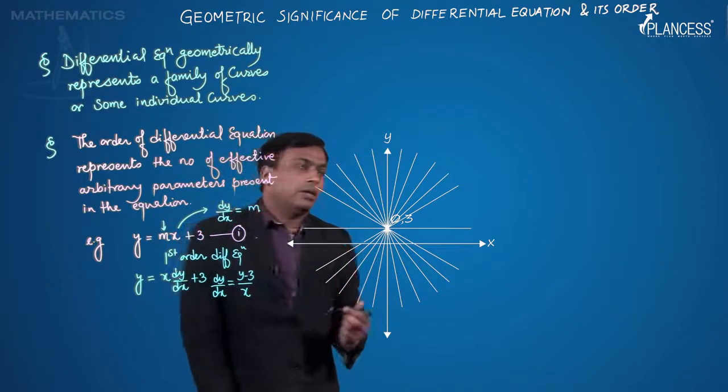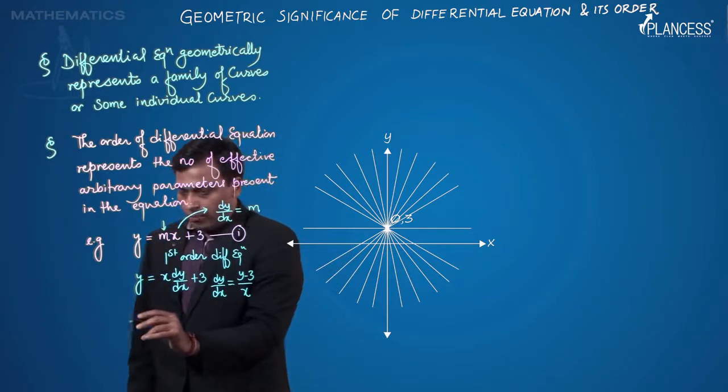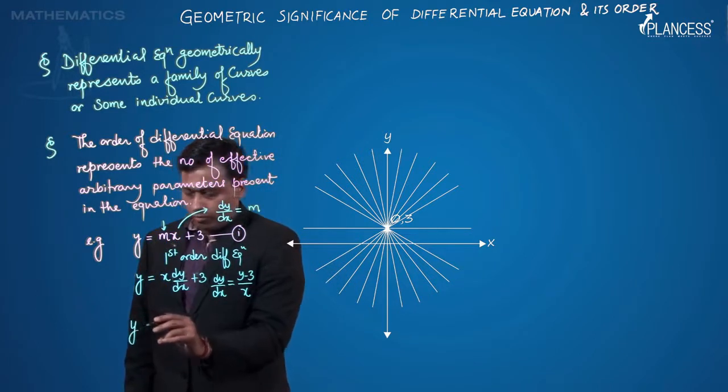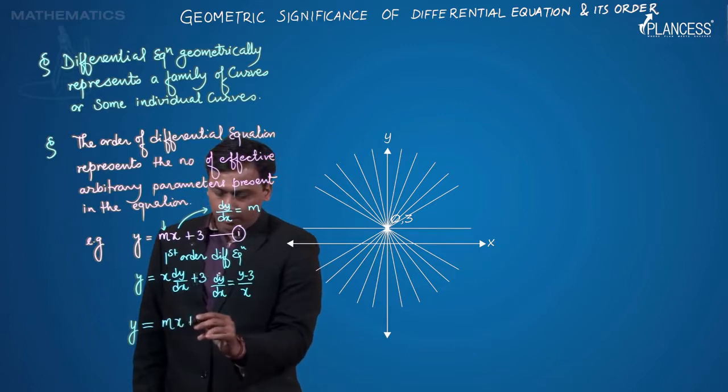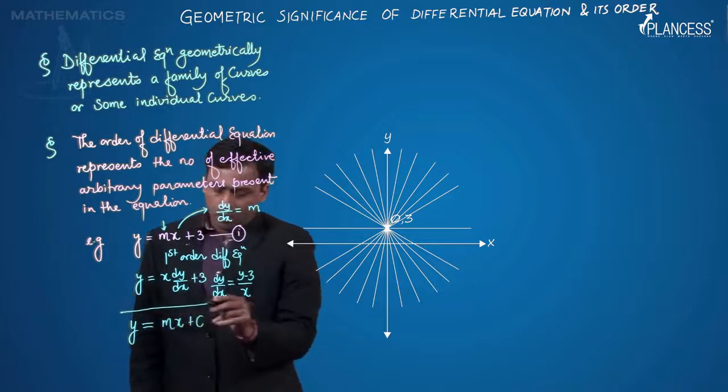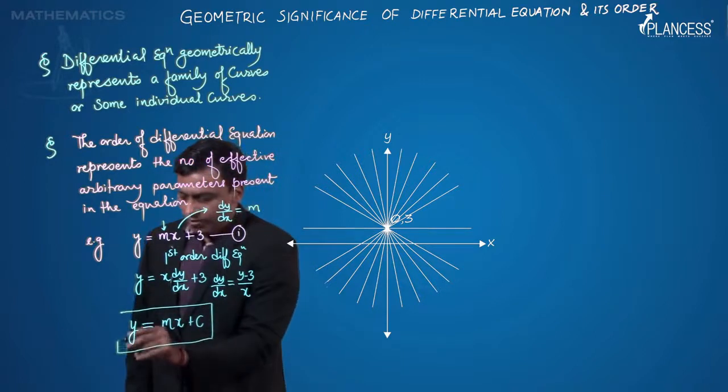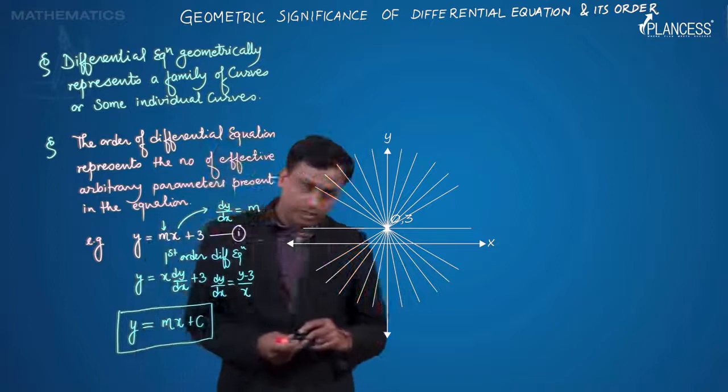Similarly, if I take another example of a family of lines y is equal to mx plus c, how is this family of lines different from the first?